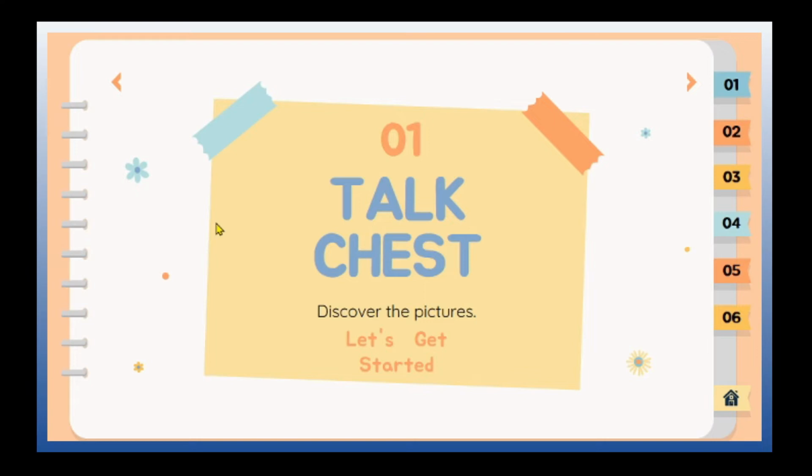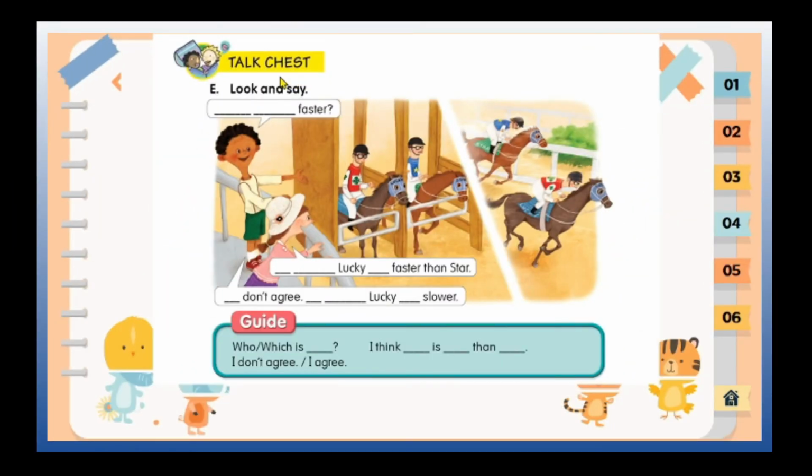Now let's do talk chest. Discover the pictures. So let's get started. Now here in talk chest, we have here a photo. What we are going to do here is we have a sentence pattern, or we say a guide to use for this photo.